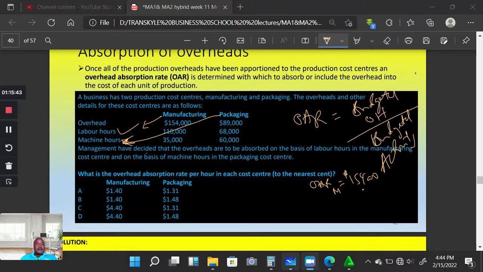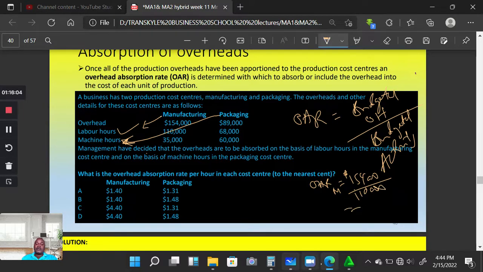Okay, we're having 154,000 divided by the budgeted activity, which is labor hours, because for manufacturing they are saying labor hours, so the total labor hours were 110,000.